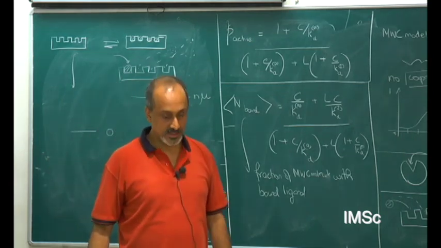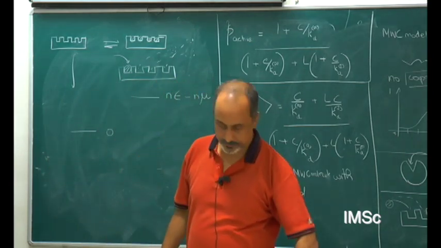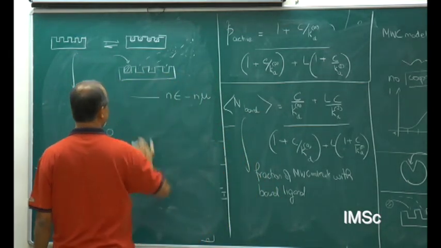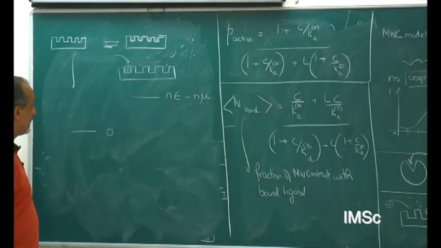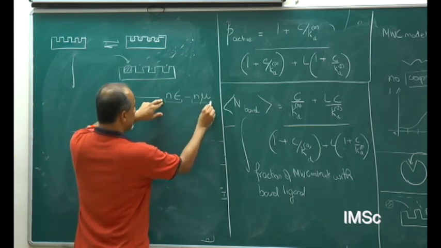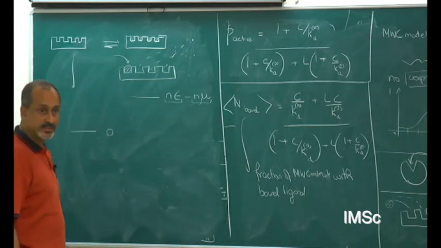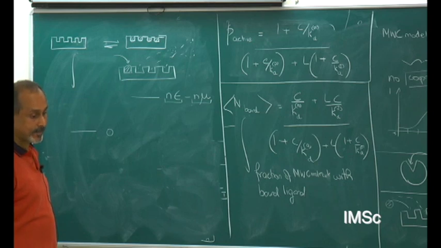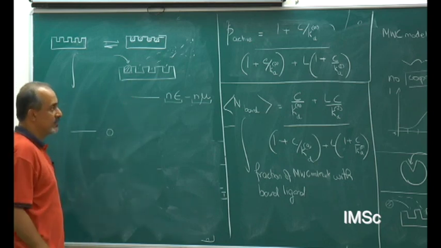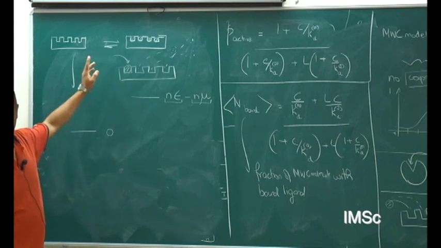Again, I have n occupied ligands coming and sitting in each one of these points on the MWC molecule. I pay an energy n times epsilon for each of them, and I pay a chemical potential n times mu for each of them. Let's imagine that both of these are, for the purpose of argument, in the active state.